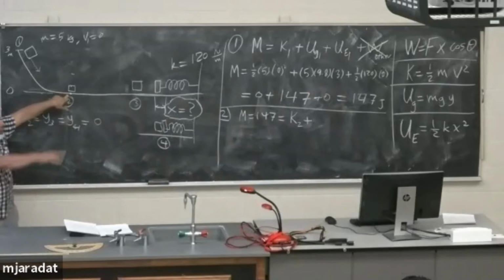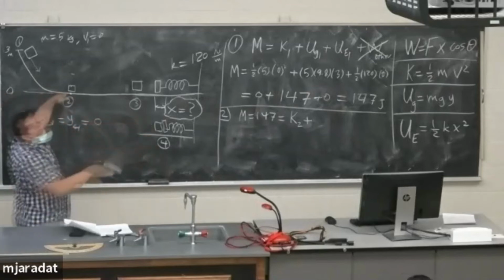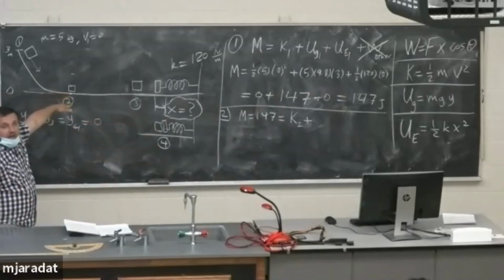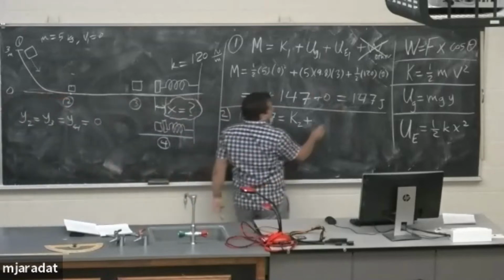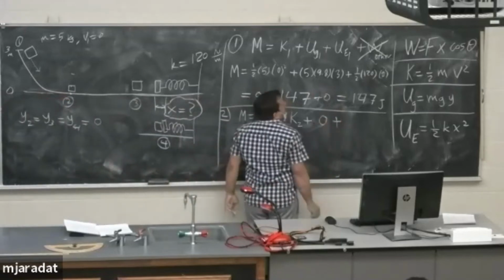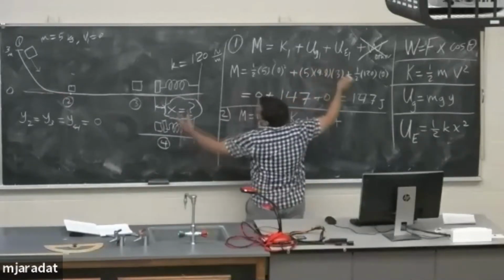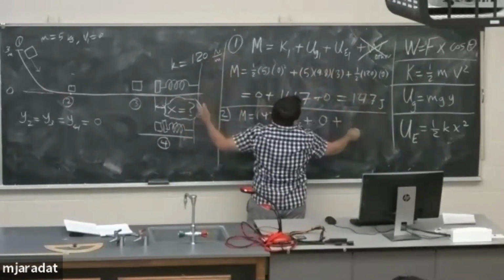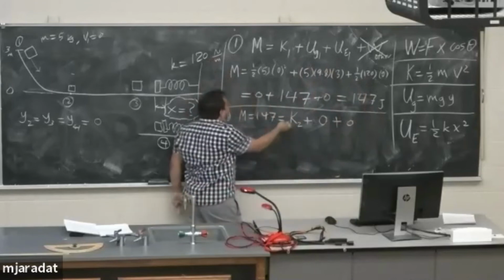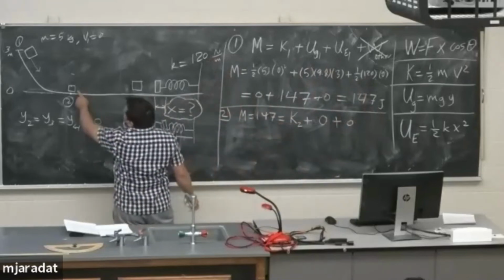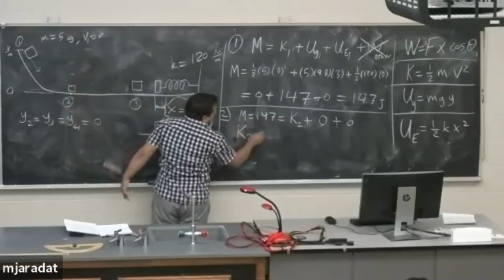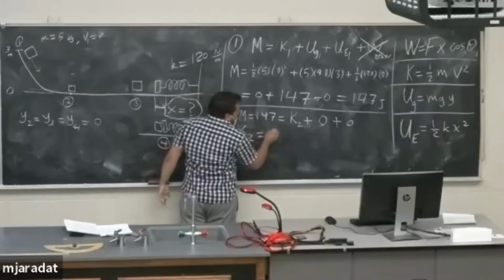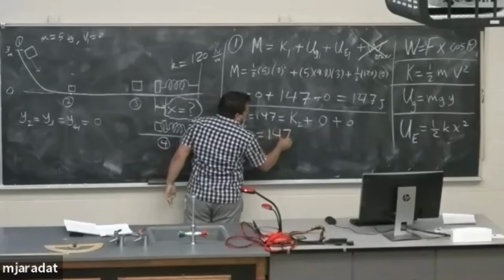It is mgy. How much y? It is 0. So it's right. 0. The potential energy due gravity is 0. Plus how much the potential energy due the spring? There's no compression. It is 0. So the kinetic energy at the second point is equal to 147 joules.